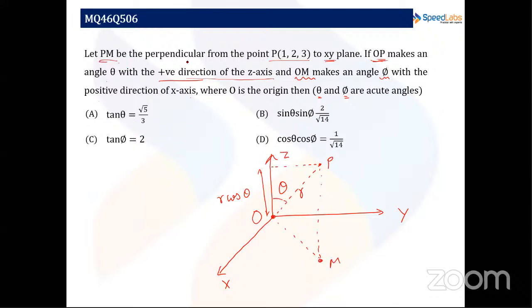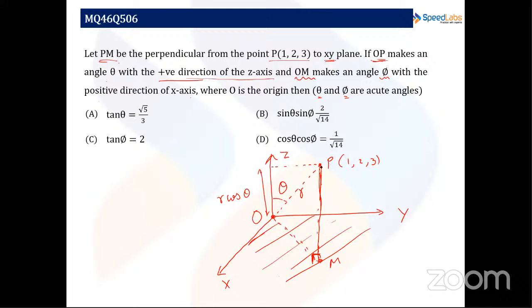we are given PM is the perpendicular, this point 1, 2, 3. We have drawn a perpendicular on xy plane. See, this is our xy plane, and we have drawn a perpendicular on it. So if you will imagine it in 3D, then PM is the perpendicular.